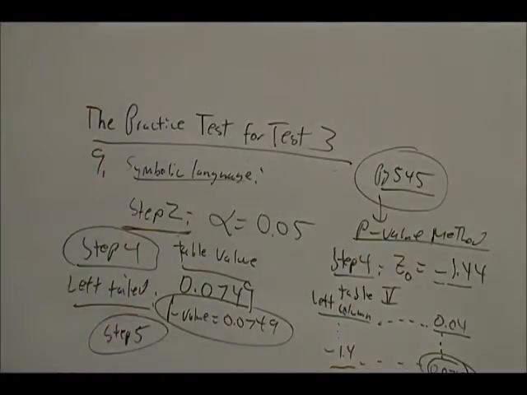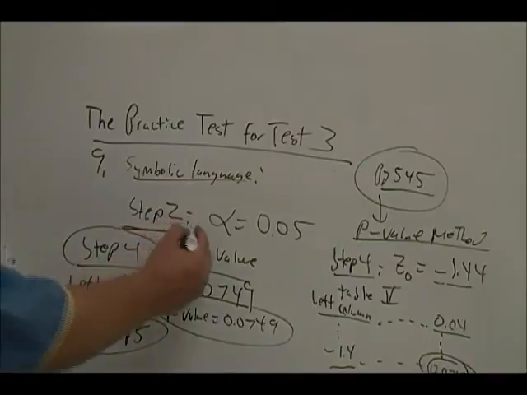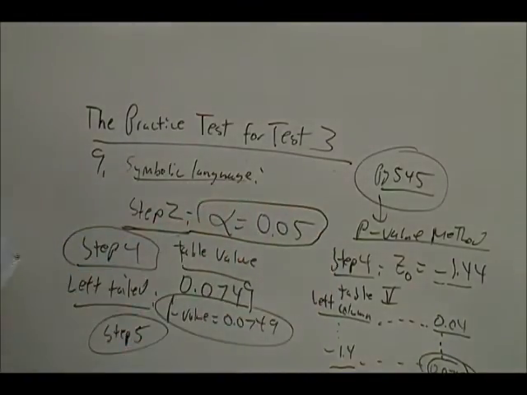What does step 5 say under the p-value method in that flow chart on page 545? Well, if you read it, you've got to flip the page, go to page 546, and it says, if the p-value is less than alpha, reject the null hypothesis. Well, I still have alpha here.